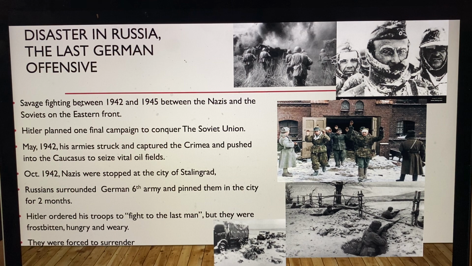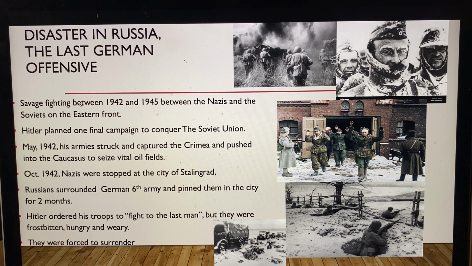The disaster in Russia, the last German offensive. So you remember how the Germans are going into Russia now. Russia now is an allied nation fighting against Hitler, as Hitler thought he could go in and take over Russia, which didn't work.